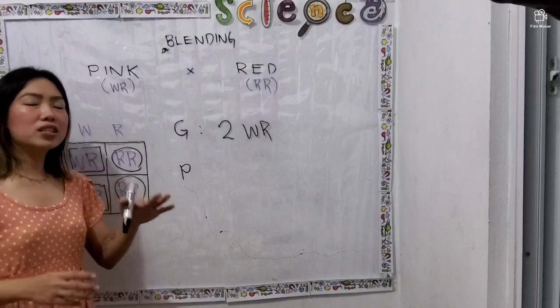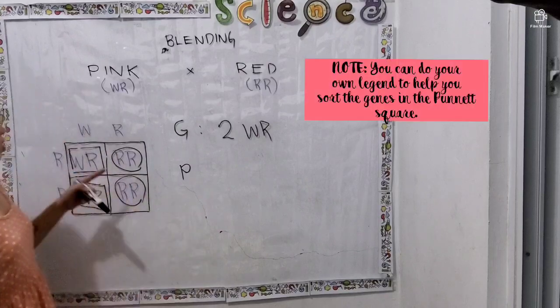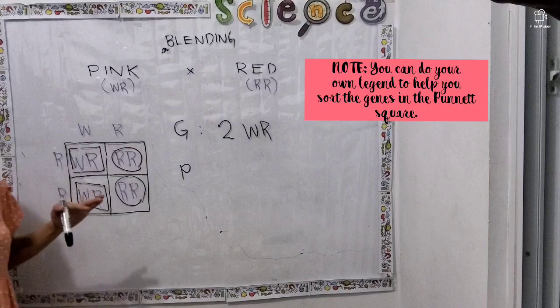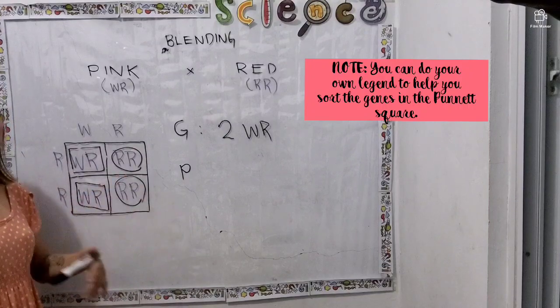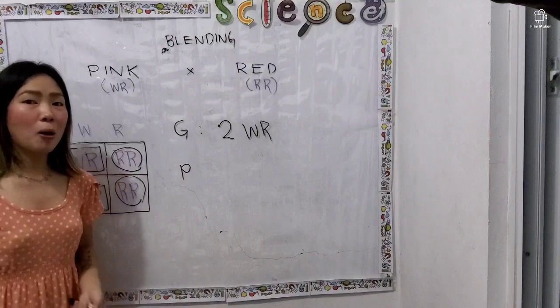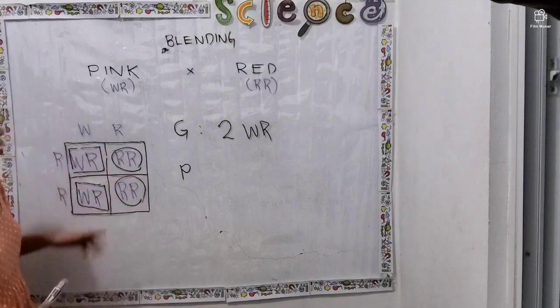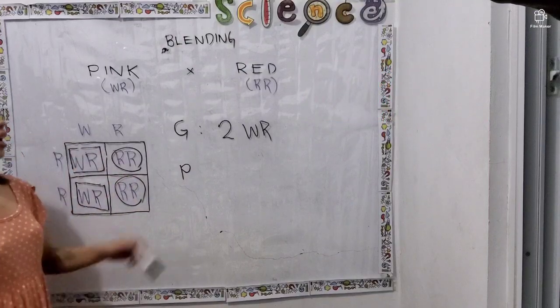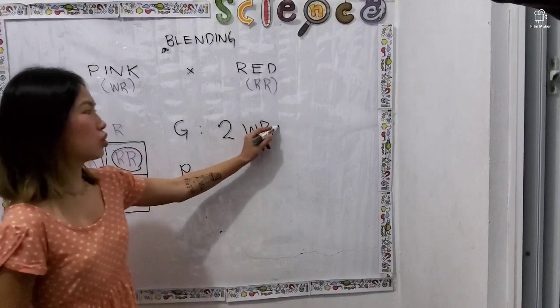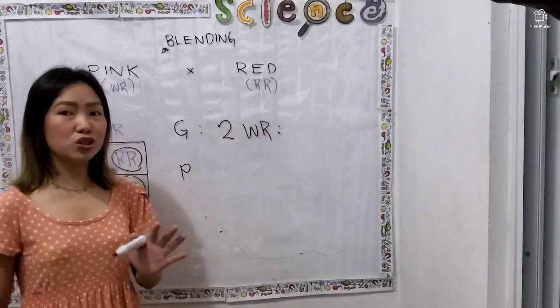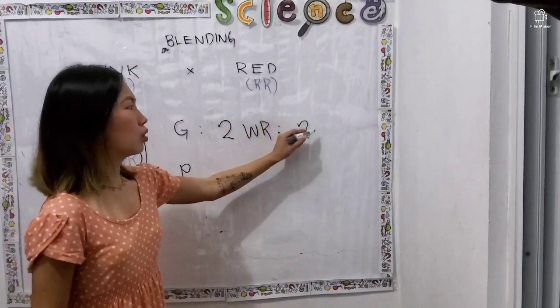So, ang ginawa kong diskarte is legend, sa WR, ginawa kong legend is square, para kita ko, alin pa dun sa Punnett square ko, yung hindi ko pa naiisama sa bilang. Then, if we have 2 WR, balik tayo sa genotypic ratio, we have also 2 RR.